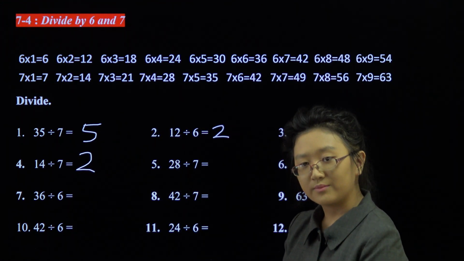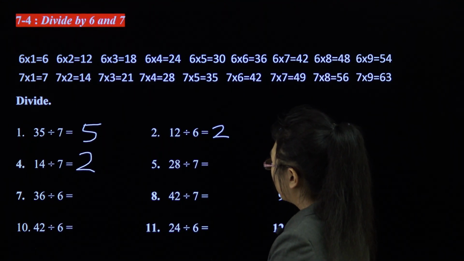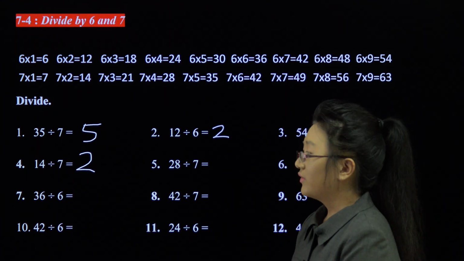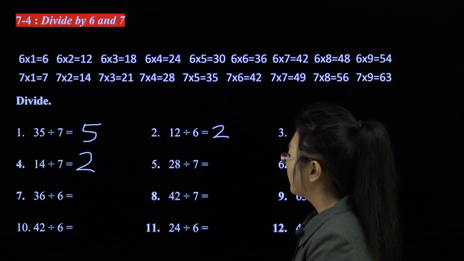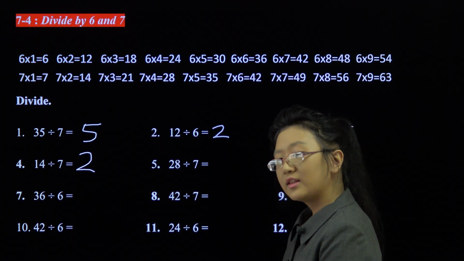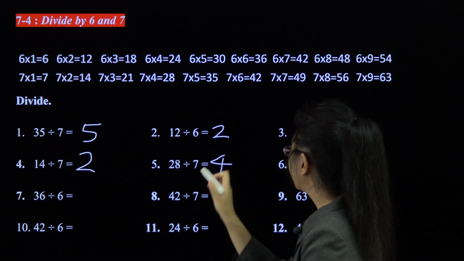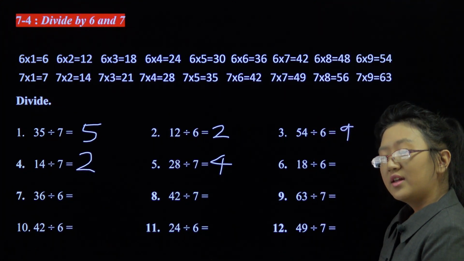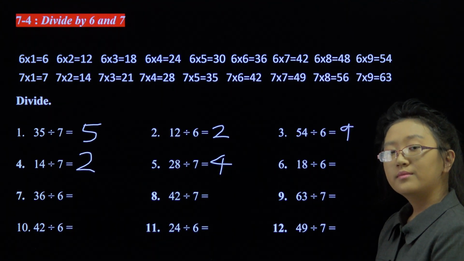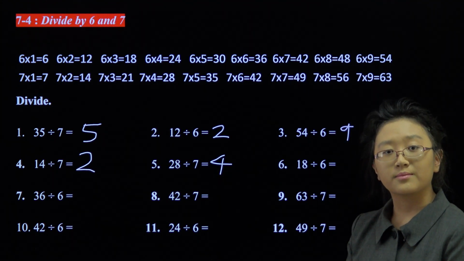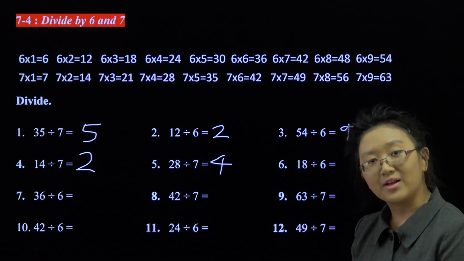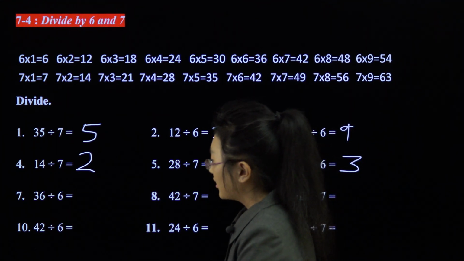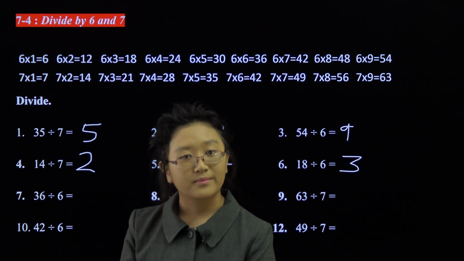28 divided by 7. 7 times what equals 28? 7 times 4 equals 28. 28 divided by 7 equals 4. 18 divided by 6. 6 times what equals 18? 6 times 3 equals 18. 18 divided by 6 equals 3. 36 divided by 6.